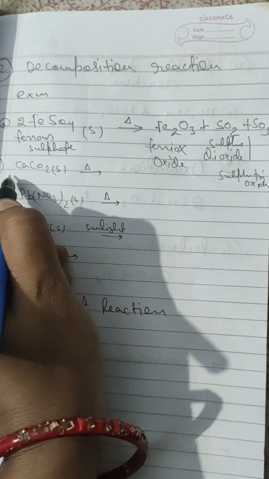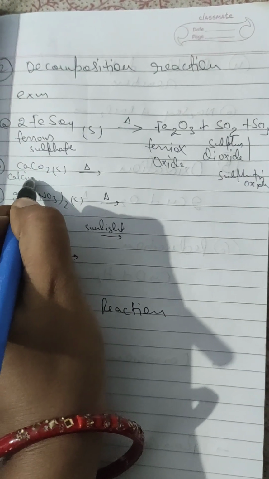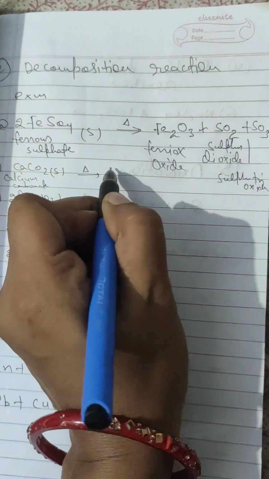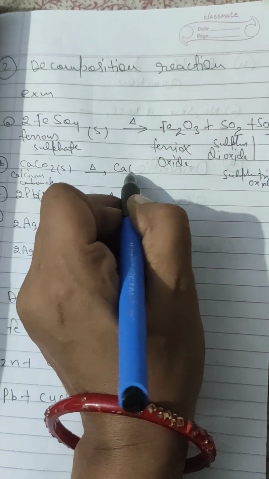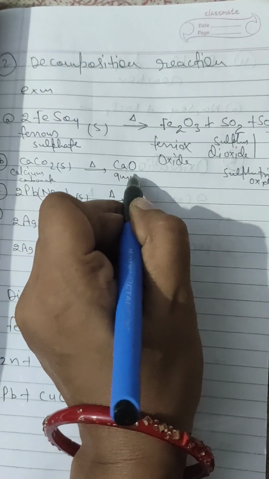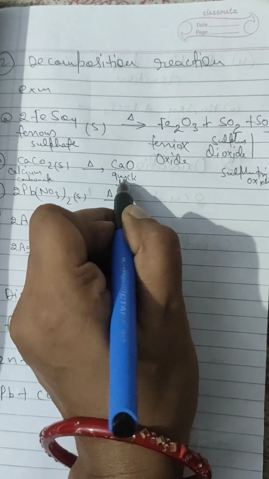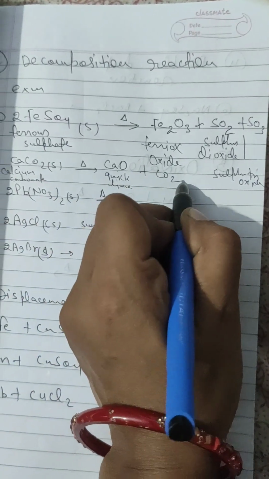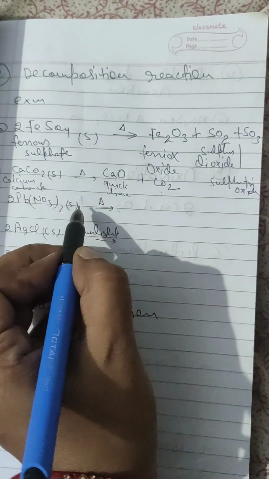This is calcium carbonate. So what will be formed? Quicklime, CaO, and again CO2, carbon dioxide, will be formed in this reaction.